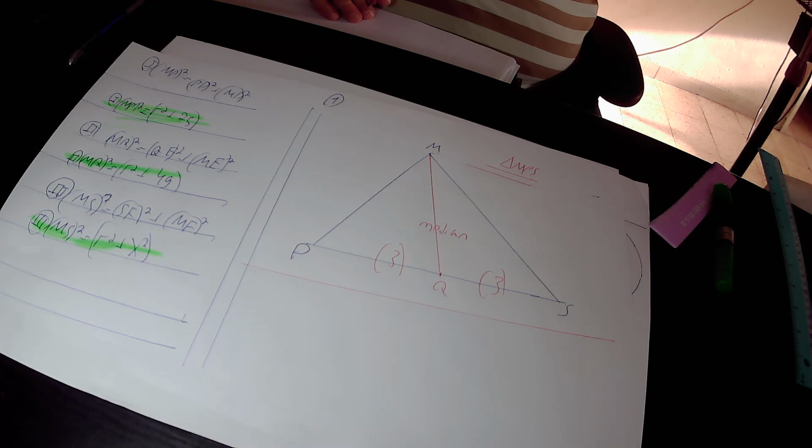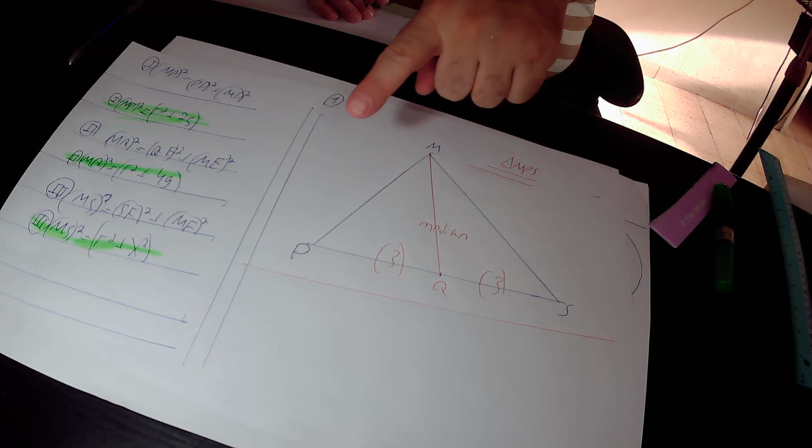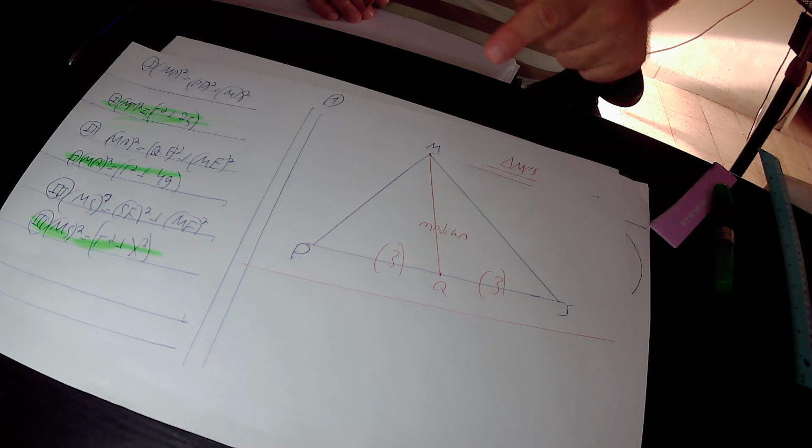So the median MQ bisects the opposite side PS. Again, the median starts from the vertex and connects the vertex to the opposite side PS, and it bisects the opposite side PS.